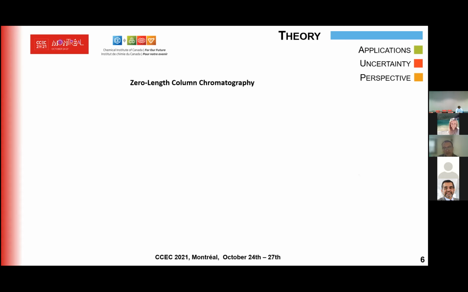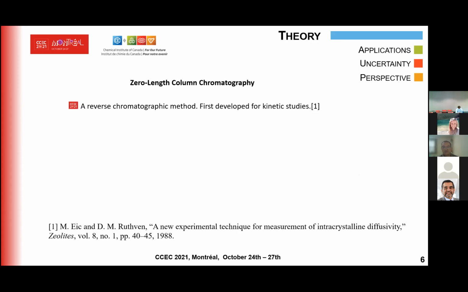So what is zero-length column chromatography? Well, it's basically a reverse chromatographic method, which was first developed for kinetic studies, for measurement of diffusivity. But now it has been extended to equilibrium studies as well. We call it zero not because it's actually zero, but because the column length is very, very small.